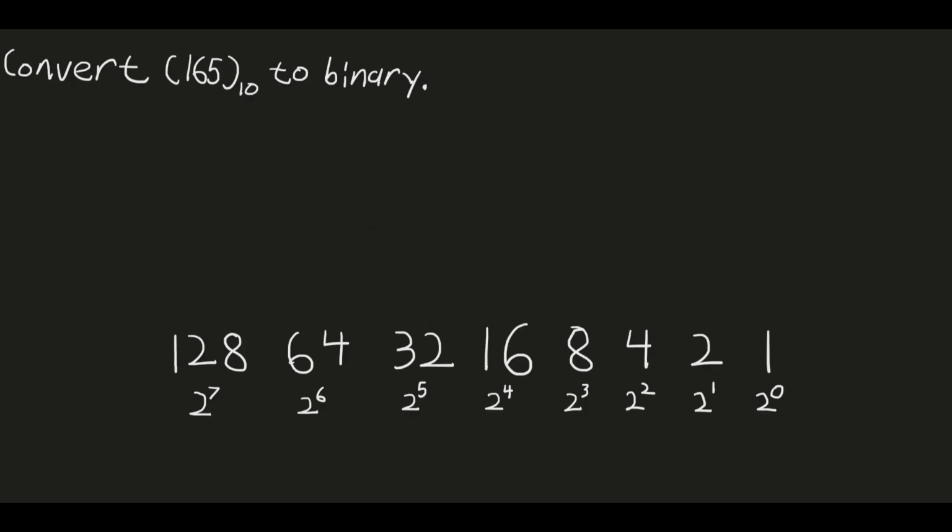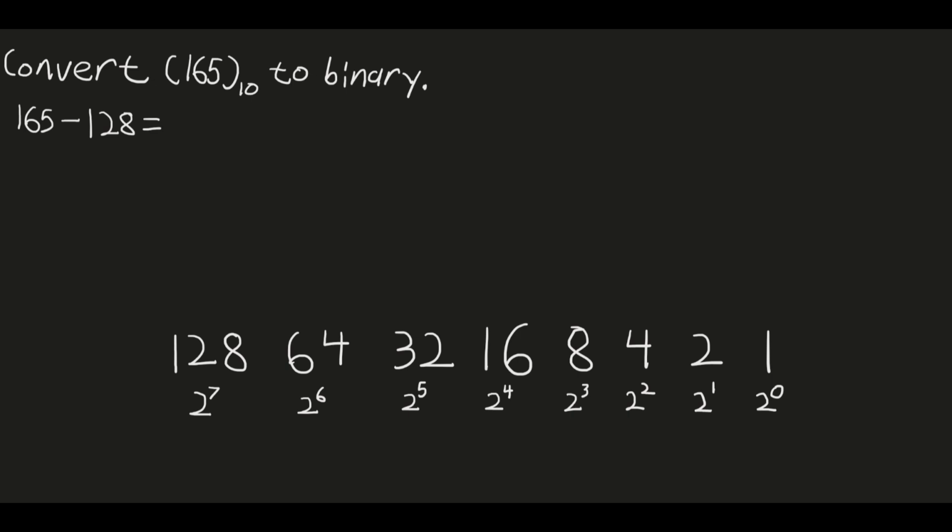Let's do one more problem. So we want to convert 165 to a binary number. And like in the previous two problems, we want to look for the greatest number that isn't greater than 165, and that number is 128.